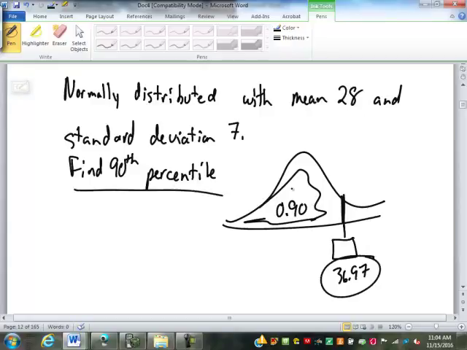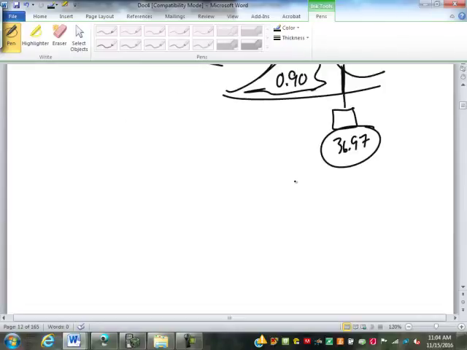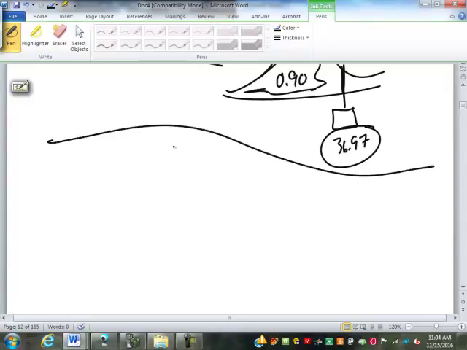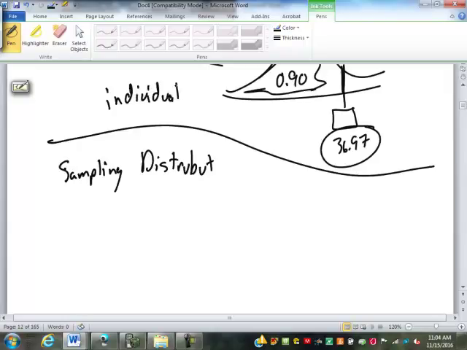Now, if we're not dealing with means, if we're dealing with proportions, so look at sampling distributions here. Let me look at means for just a second longer. This was for individual values up here. I was selecting an individual out of the population. Let's say this is a sampling distribution. So we're going to have a sample size of n.